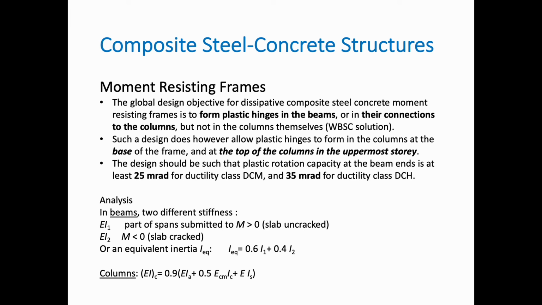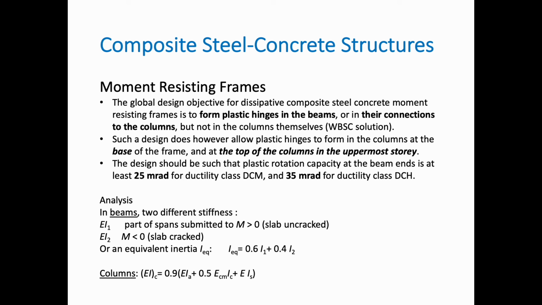However, we do have plastic hinges at the base of the frame and at the top of the columns in the uppermost story, so at the very highest story. The design should be such that the plastic rotation capacity reaches 25 mrad for ductility class M and 35 mrad for ductility class H.